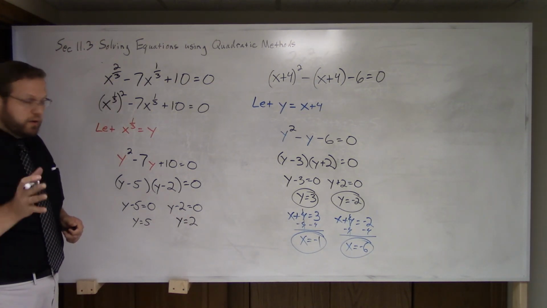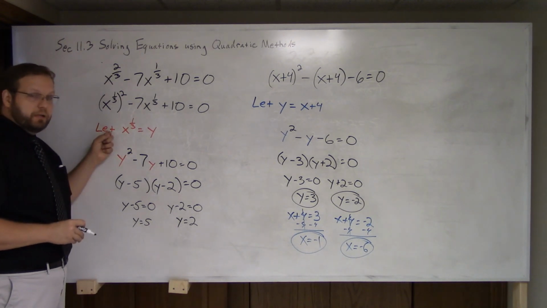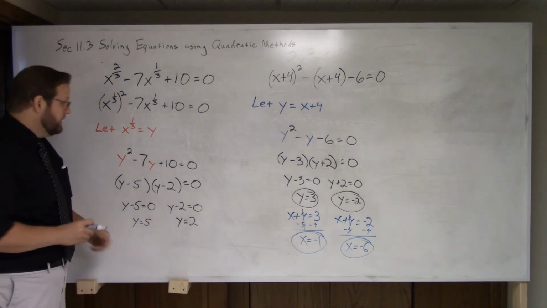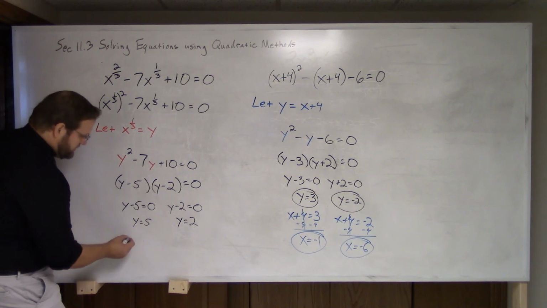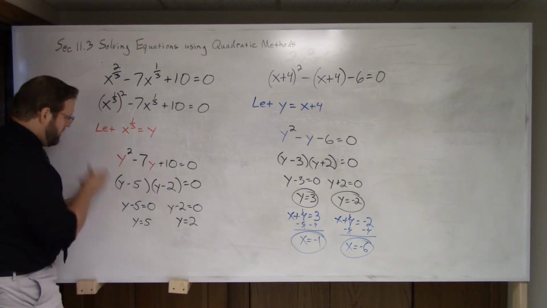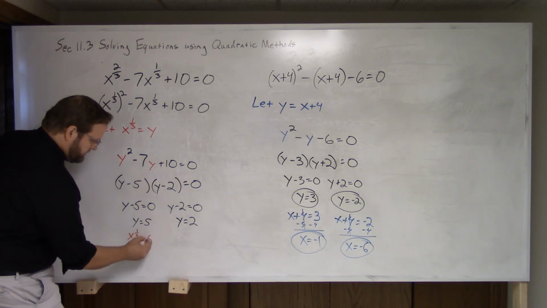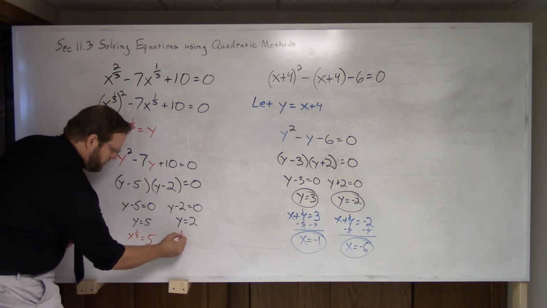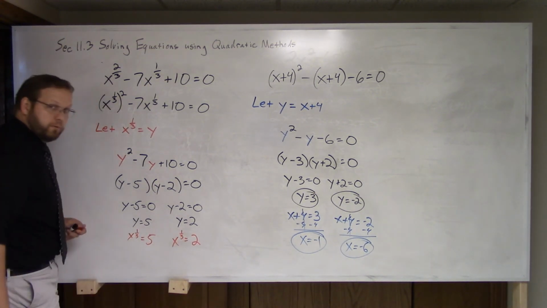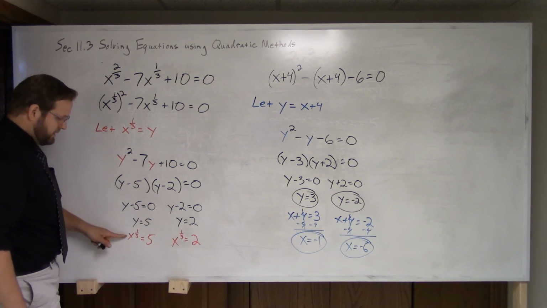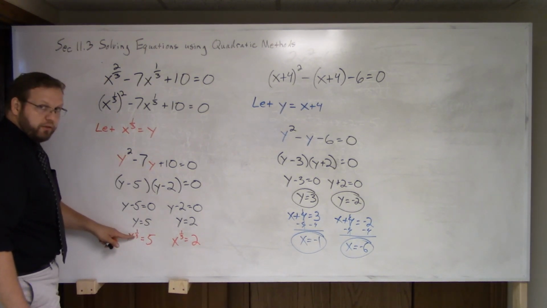Okay? This is very important. If you use a let statement, you got to unpack the box. So y equals 5 really means x to the 1/3 equals 5, and x to the 1/3 equals 2. Now this, how do we get rid of that 1/3?